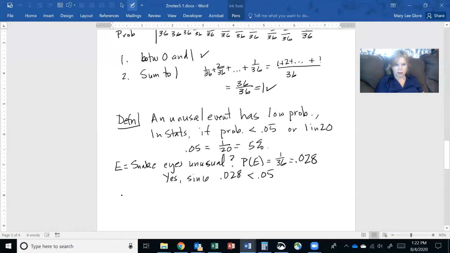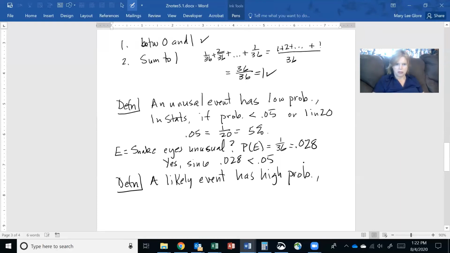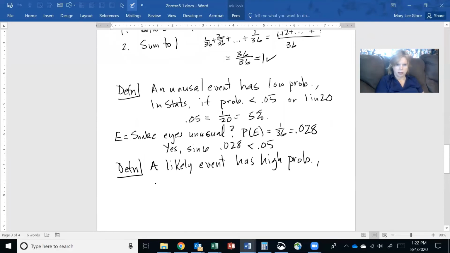We also talk about likely events. So what do we call something that's a likely event? All right, so a likely event has high probability, near 1. So in stats, we would say this is if the probability is bigger than 0.95.